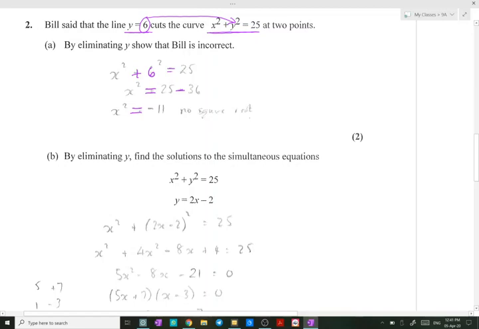No square root can be negative. In other words, let me write it properly: there is no real number that you square, like x squared here, that gives you a negative answer.